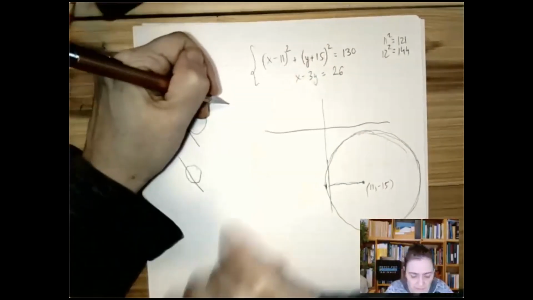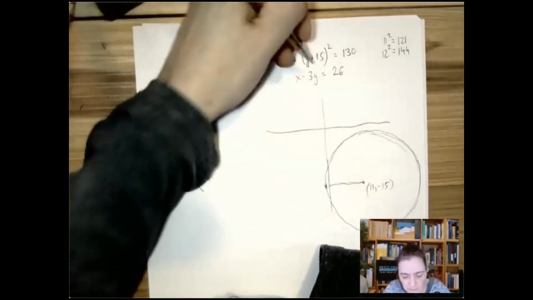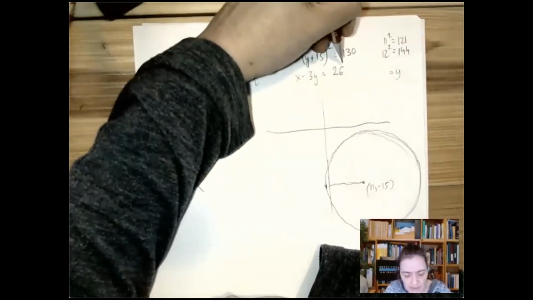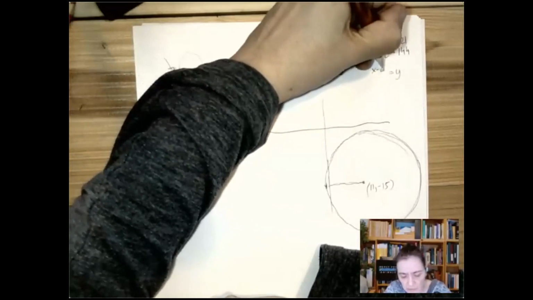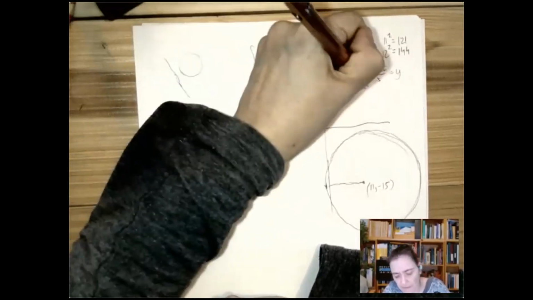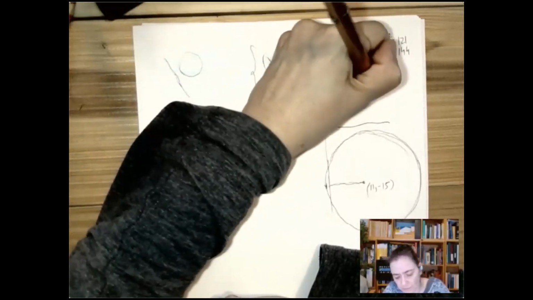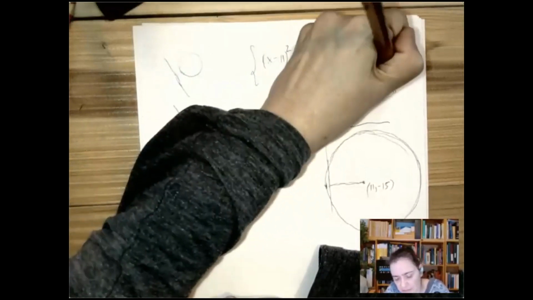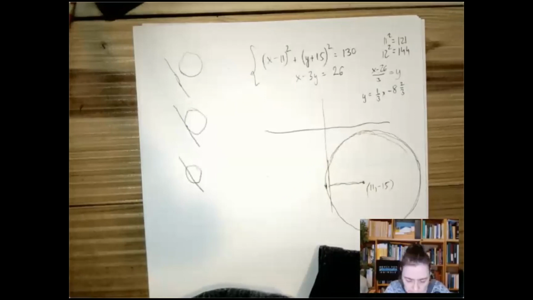Now the line, if we bring it to the slope-intercept form, we're going to get y equals 1/3 x minus 26 over 3, or 8 and 2/3.